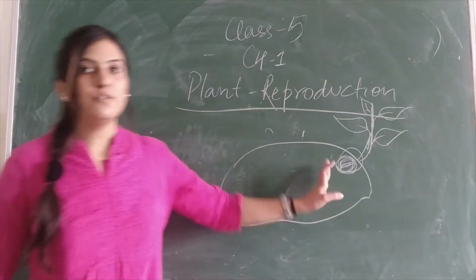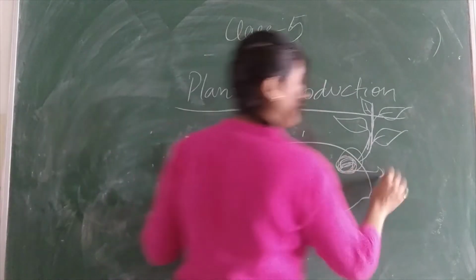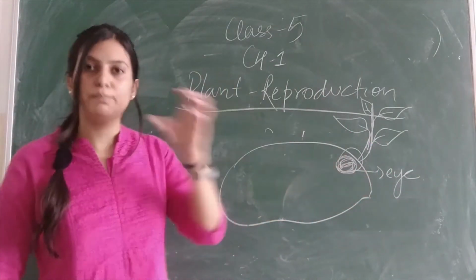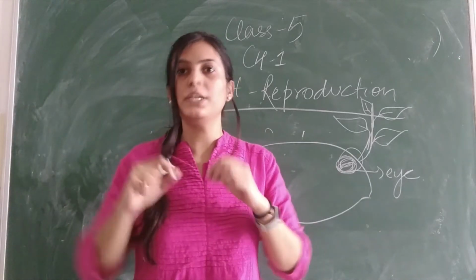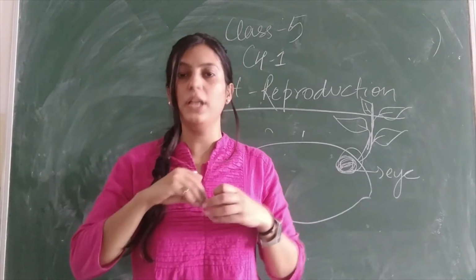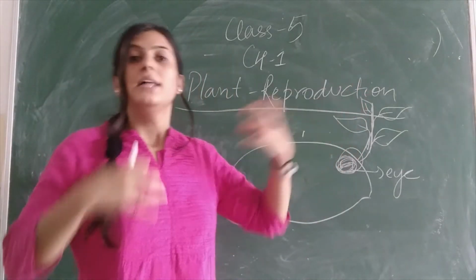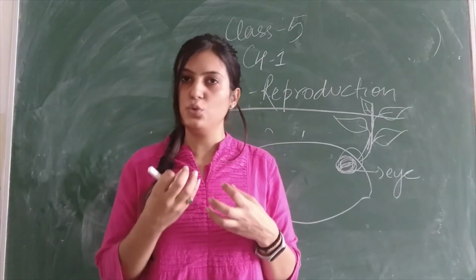If you cut the piece of the potato where the eye is and grow it into the soil, you will see that a plant is coming out from it. That's how some plants reproduce through stem.